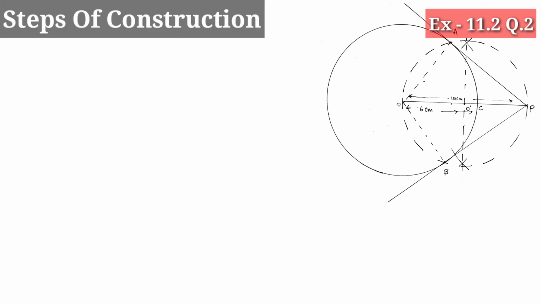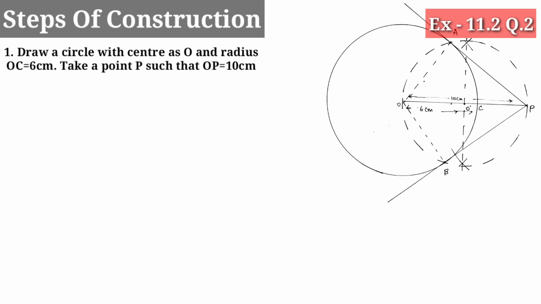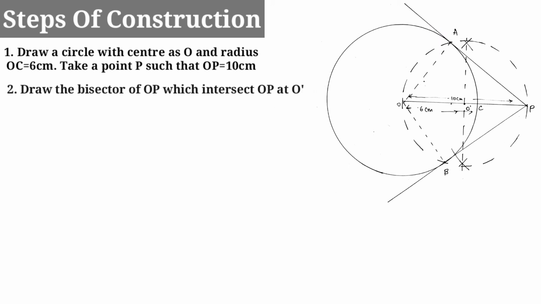Steps of construction. First, draw a circle with center as O and radius OC equals 6 centimeter. Take a point P such that OP equals 10 centimeter. Second, draw the bisector of OP which intersects OP at O dash.